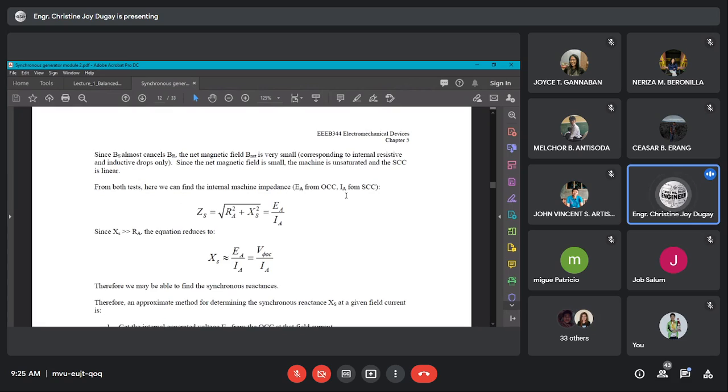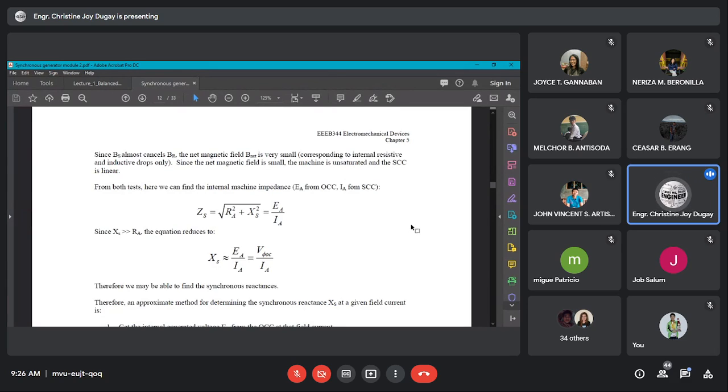So since XS is much greater than RA, pwede nating sasabihin na ang XS natin could be equal to EA over IA. So VOC po natin, V phase open circuit over IA could be also done, no?